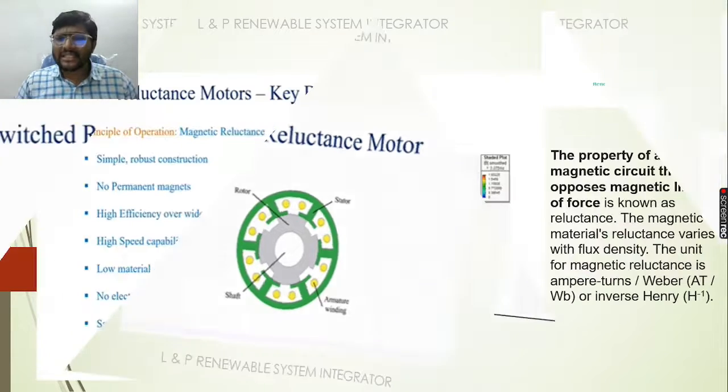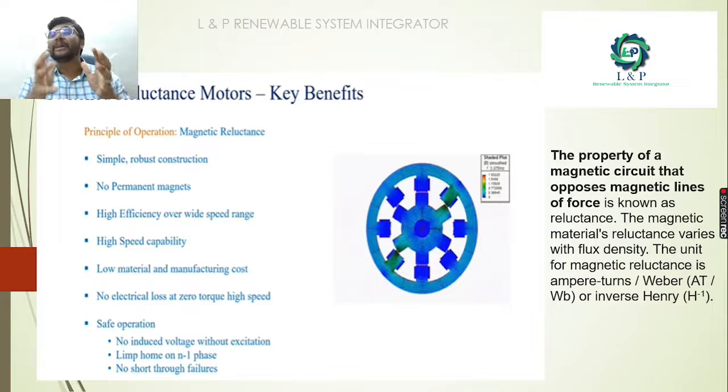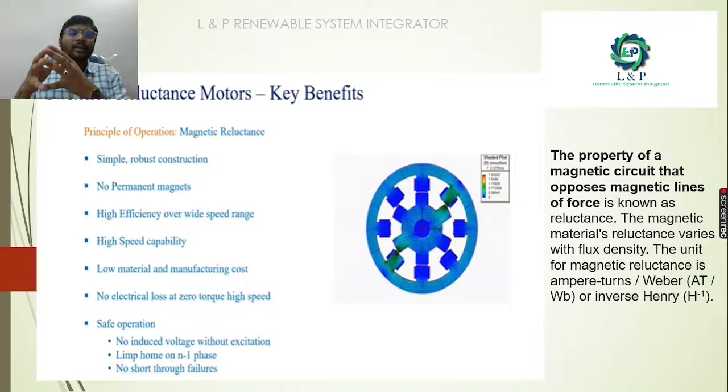Reluctance is a magnetic property. When a magnetic circuit opposes the magnetic lines, it creates a force. That force is known as reluctance. So the switched reluctance motor works on the principle of magnetic reluctance.